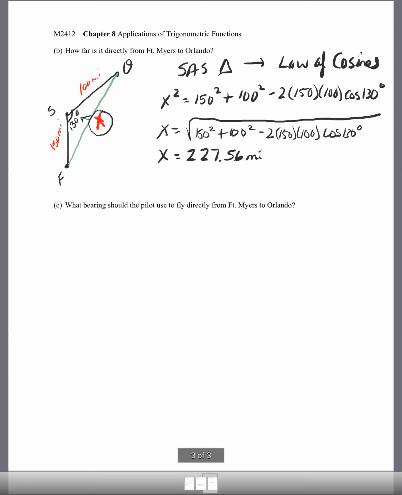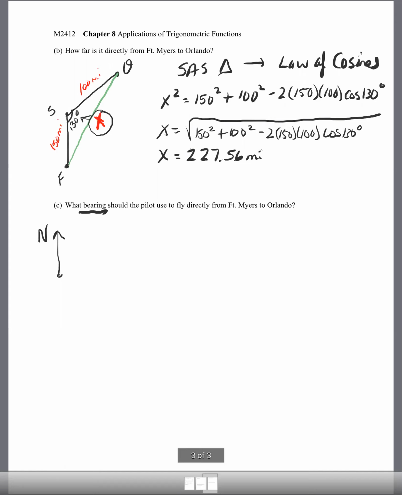It should be larger because the 130-degree angle, obviously, at Sarasota is definitely going to be the largest. So I knew my answer had to be bigger than 150 for sure. Now, this last part of this problem says, well, what's your bearing? And when we talk about a bearing, okay, this is your measure from due north.